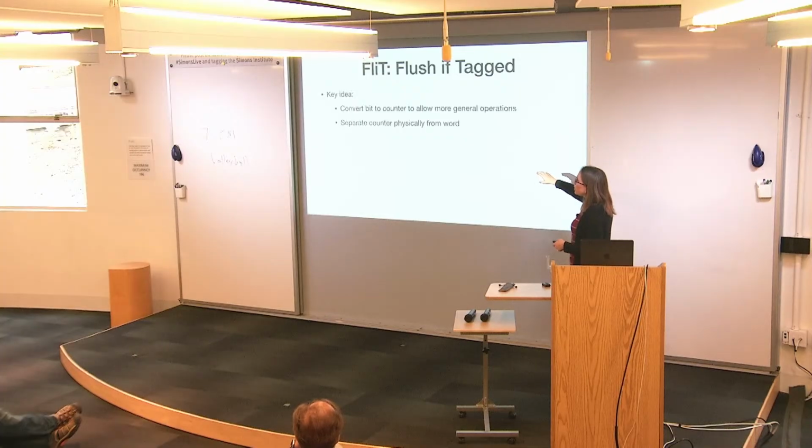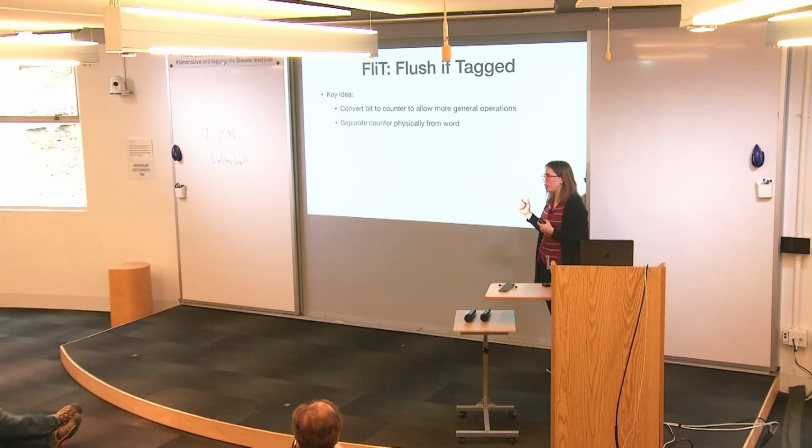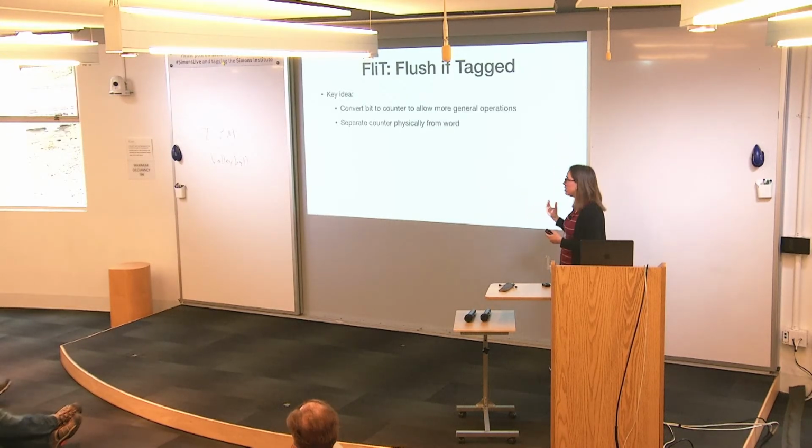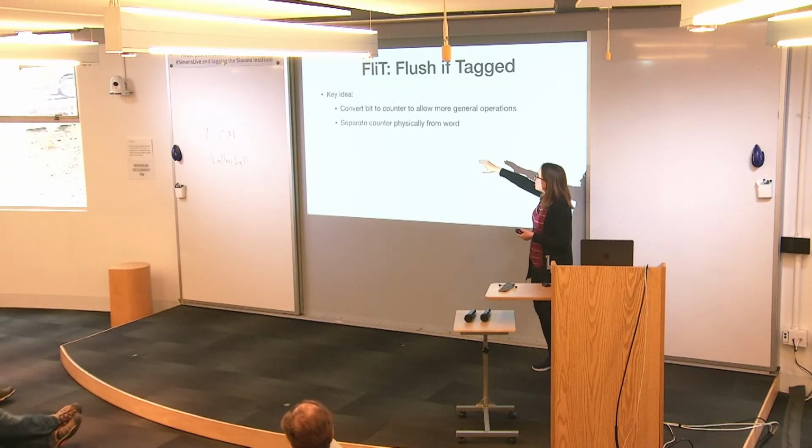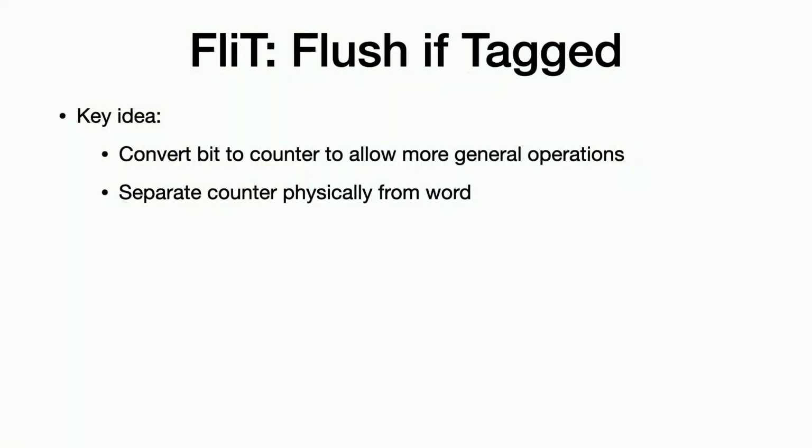Okay. So now we're going to have a counter, basically a thread that modifies the word will increment and then come back and decrement after it's persisted the location. And the nice thing about this now is that we can physically separate the counter from the word that's being persisted, right? We can put it somewhere completely different. We can put it next to it, but now the word doesn't have to give up one of its bits.